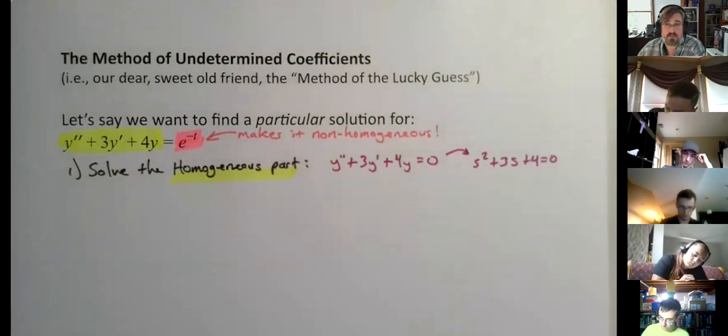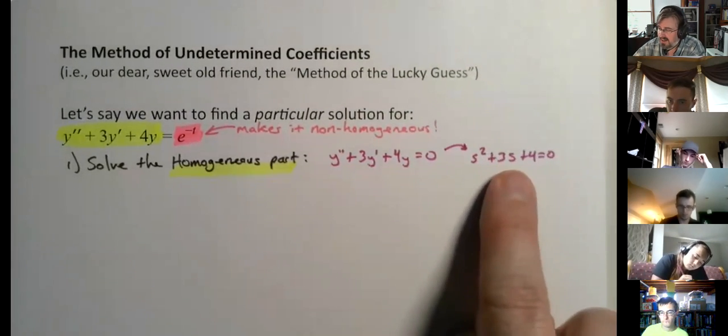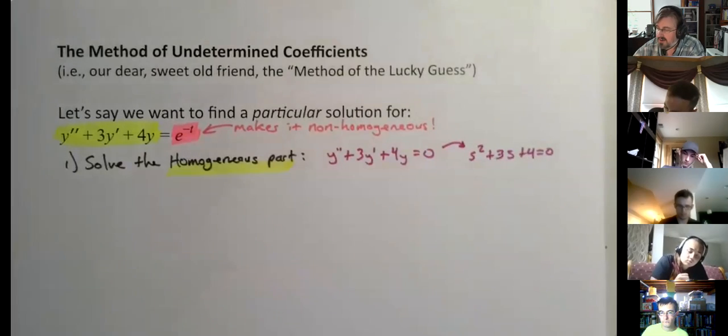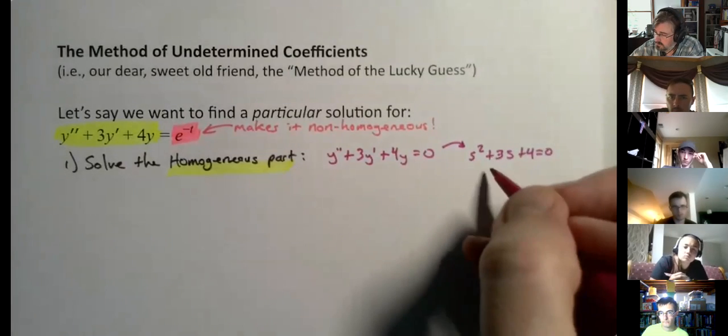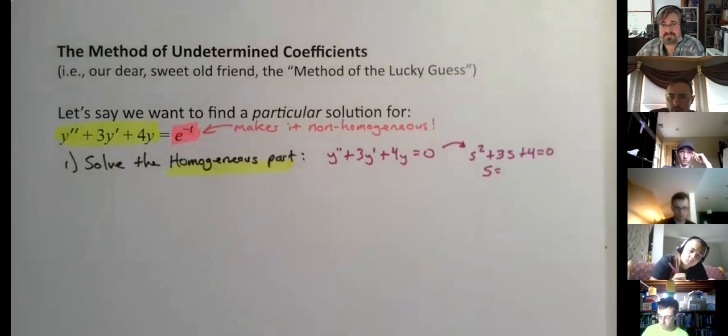And you guys are, by this point in time, experts at quadratic solving. You recognize, hey, that is completely factorable. So that thing factors as what? Did you catch it?